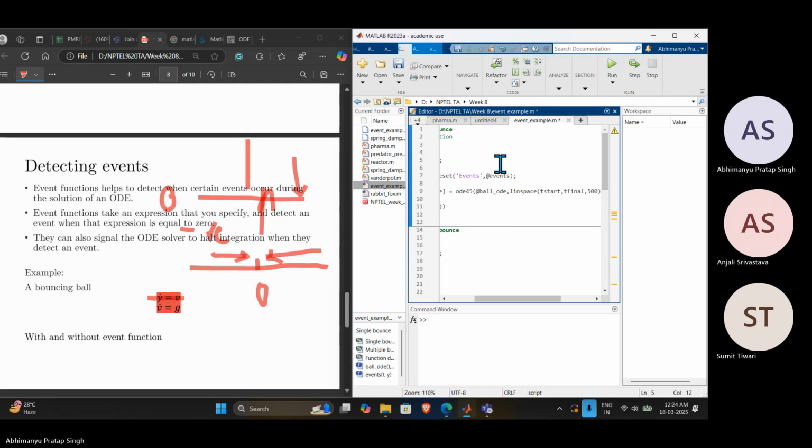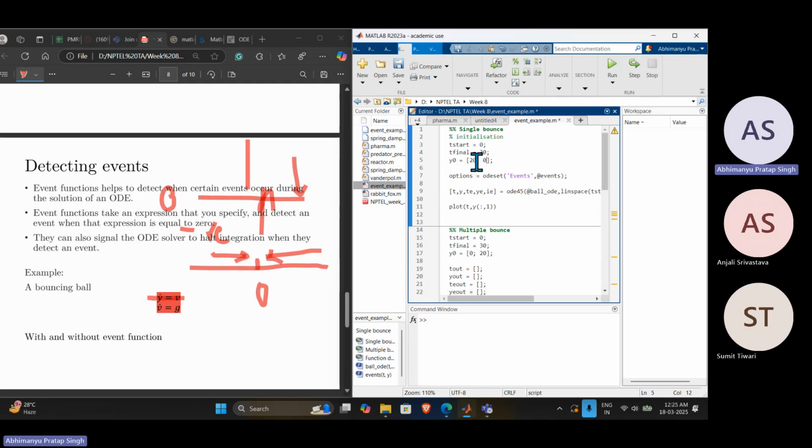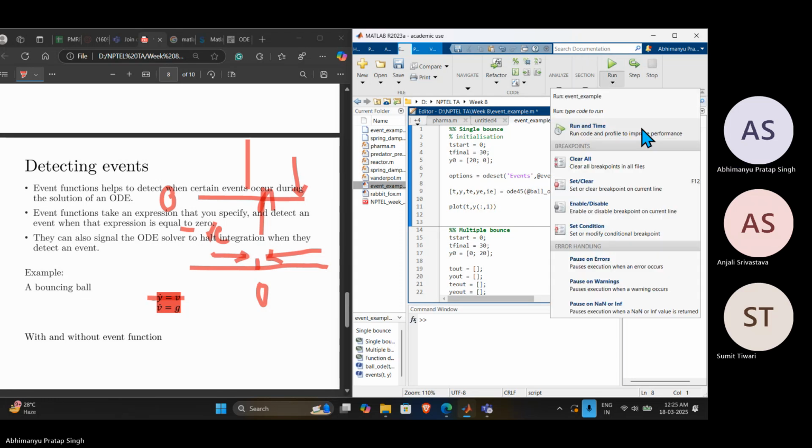I'm dropping the ball from a height of 20 meters and a zero velocity.